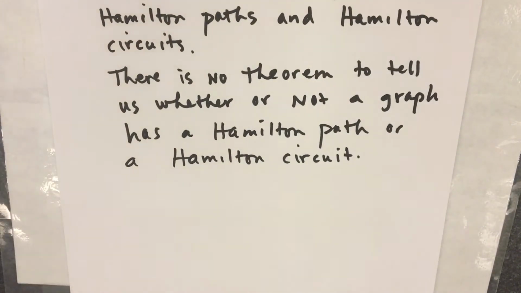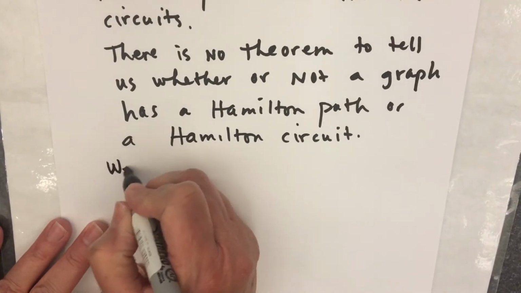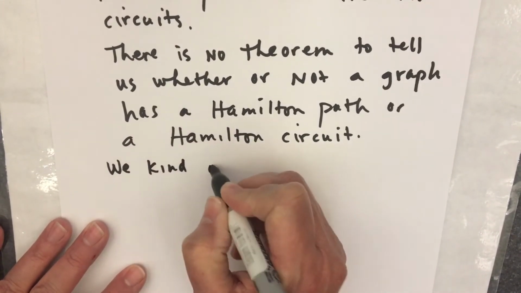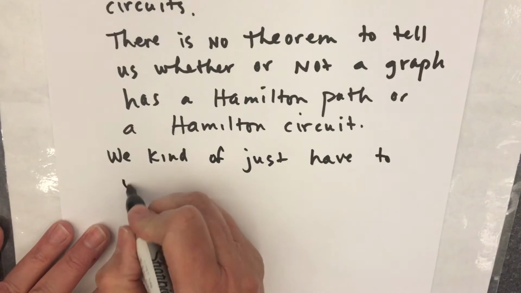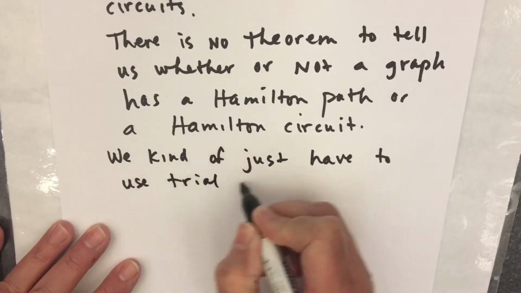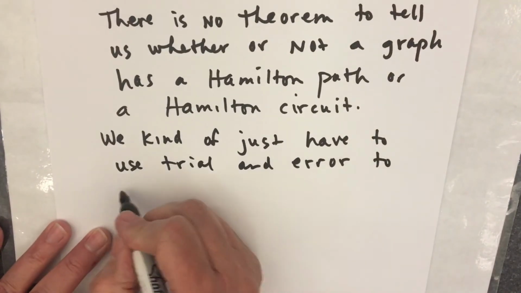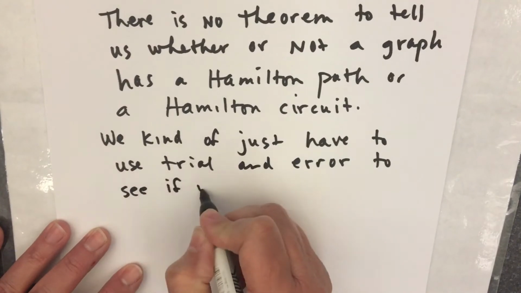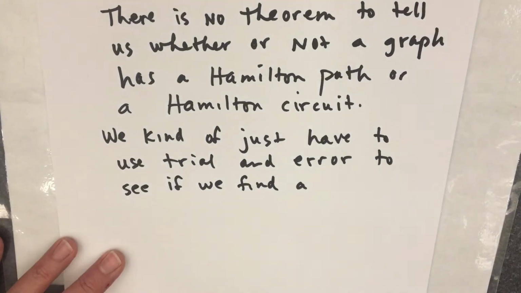Anyway, this is one of those problems that's kind of out there, so you just have to play around with the graph and see if you find one. That sounds like we're on shaky ground. So I'm going to write that. We just have to use trial and error to see if we find a Hamilton path or a Hamilton circuit.